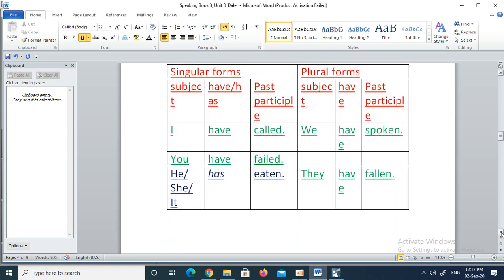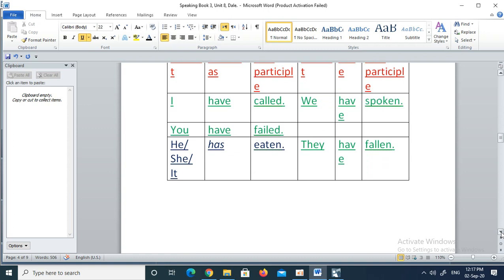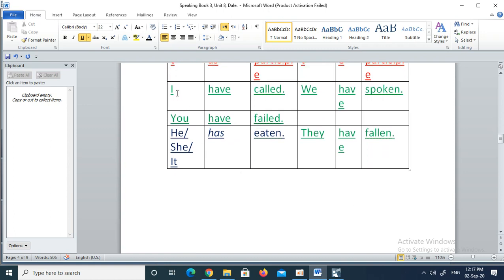So if we look at the singular forms first, if the subject is I, we will say I have, and then the past participle of call is called. I have called. If the subject is you, we use the auxiliary verb have again. Our main verb is fail, and the past participle of fail is failed.